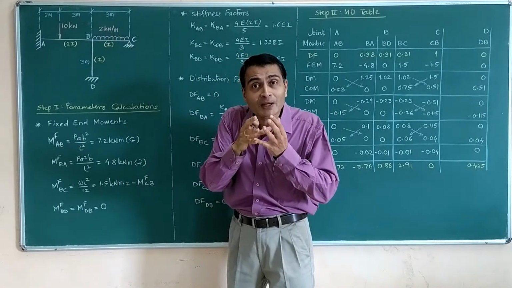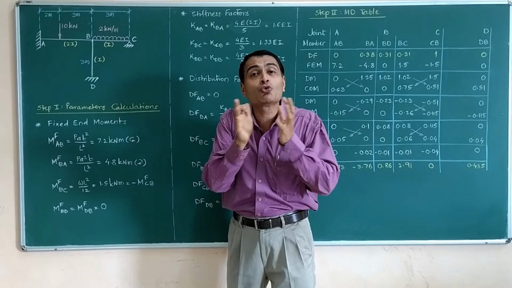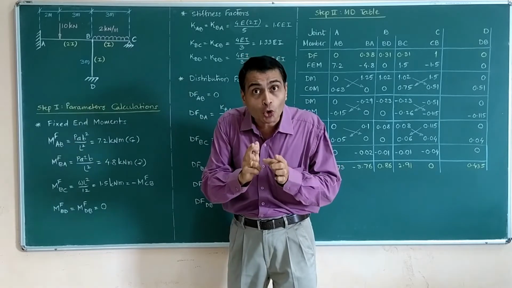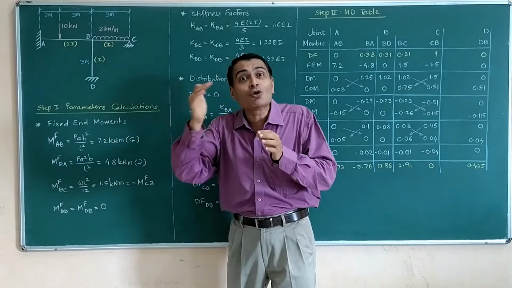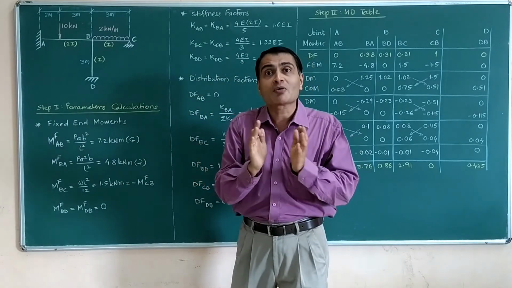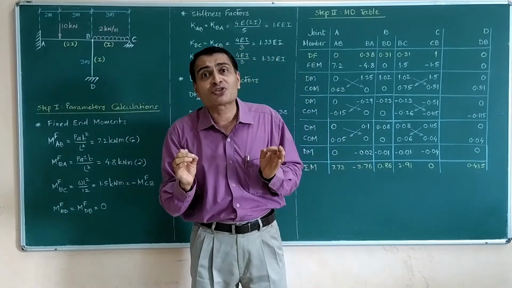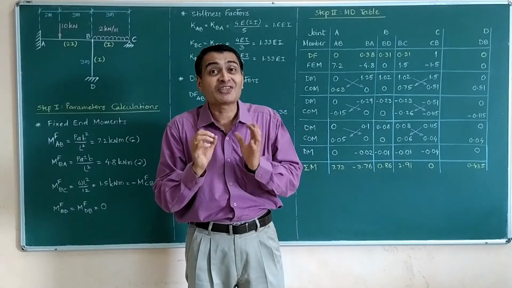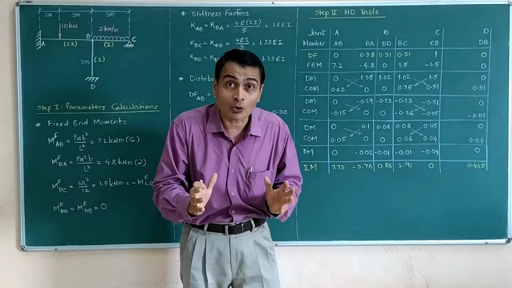Whatever moment I apply at B, it will get distributed in 3 members. Not only that, it will get carried over to the other ends of those 3 members. So here my writing and my calculations have to be very neat, and I have to perform my calculations very steadily.